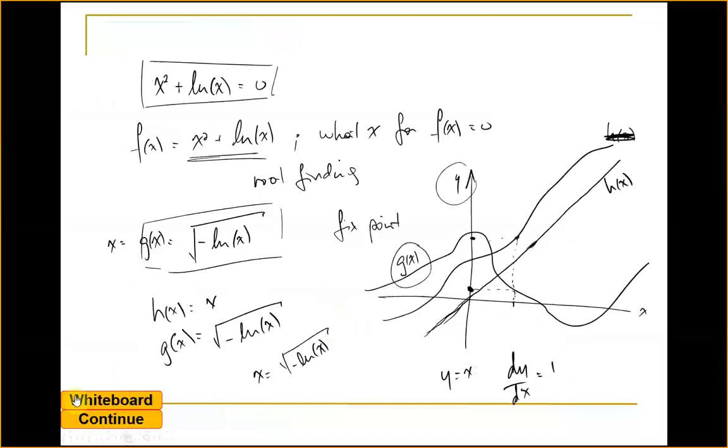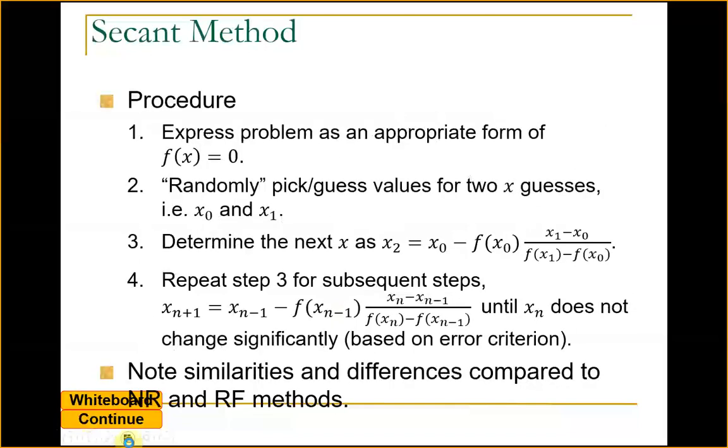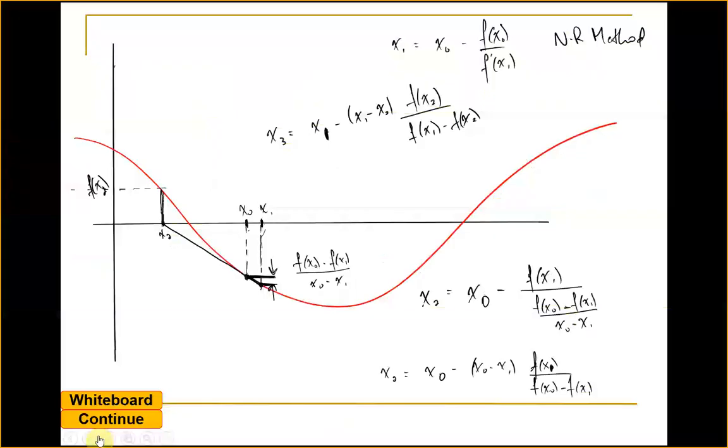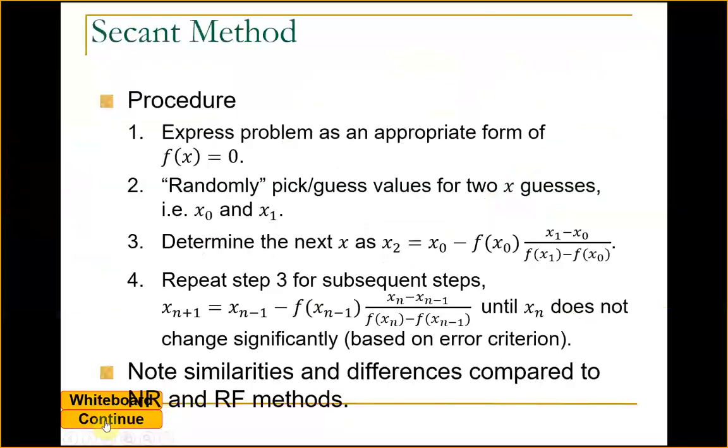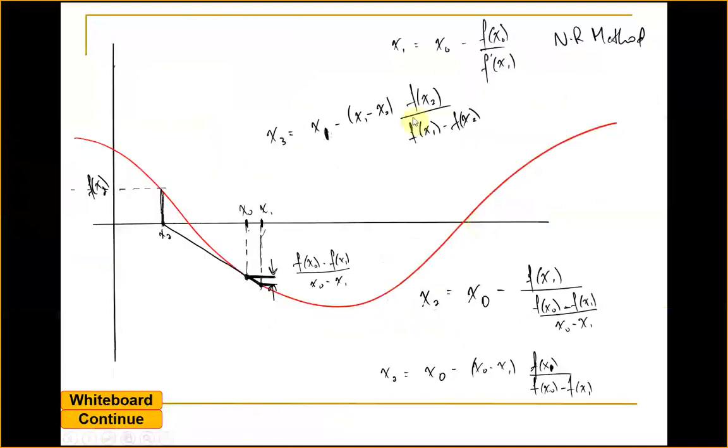Oops, sorry, made a mistake. Right, x1 minus the function of x1 times x2 minus x1 over the function of x2 minus the function of x1. So x2 minus x1 over the function of x2 minus the function of x1. Everybody can appreciate it doesn't matter which way the sign goes, because it's the same order in the denominator.